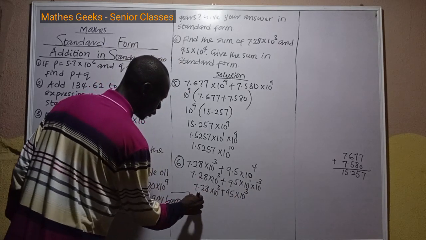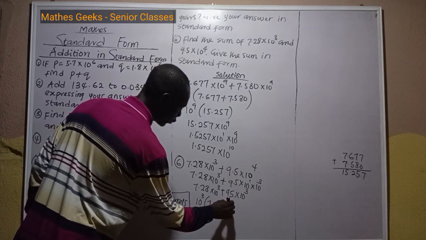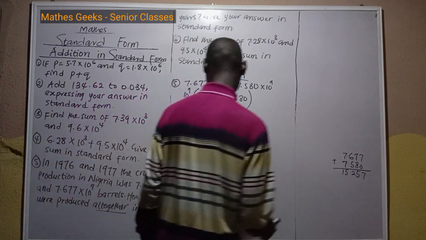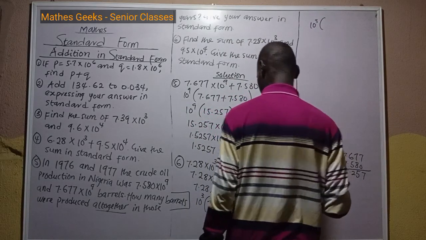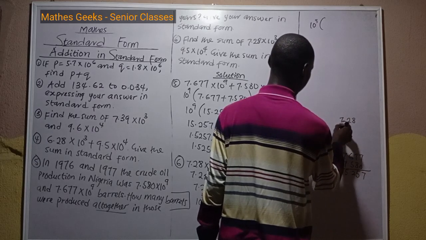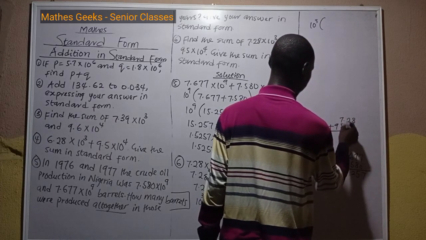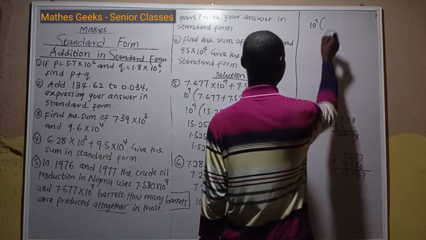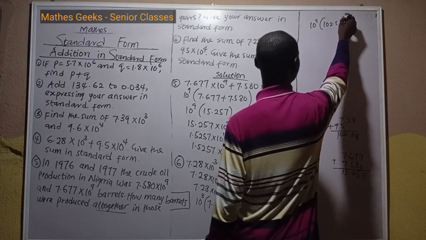So factor 10 raised to the power 2 out: 7.28 plus 95 is 102.28, giving 102.58.